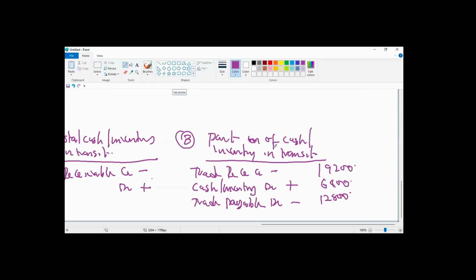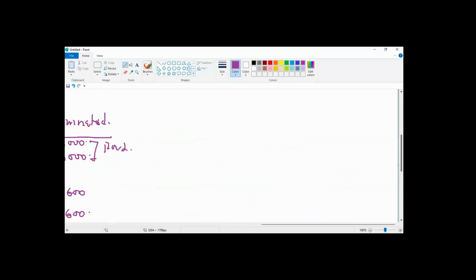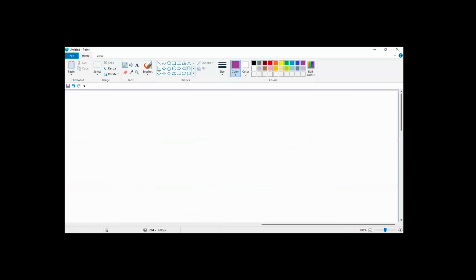Now, additional information 5, which is the last additional information, it said higher policy. Said is higher policy is to value NCI at fair value.